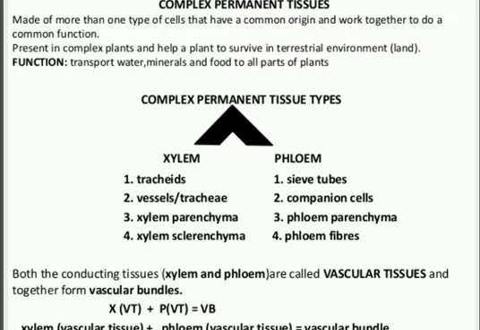And xylem has four subparts. The first one is tracheids, then vessels, xylem parenchyma, and xylem sclerenchyma. Whereas phloem has sieve tubes, companion cells, phloem parenchyma, and phloem fiber.